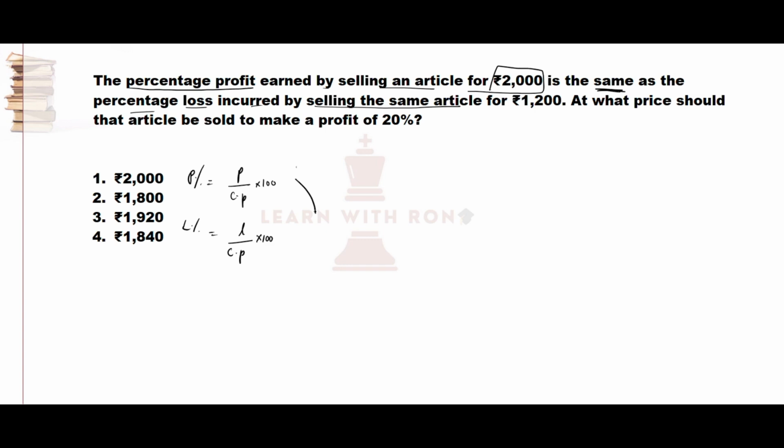So if we equate these two, profit by cost price by 100 equals loss by cost price by 100. Hundreds get cancelled, cost price gets cancelled, profit equals loss. Which means whenever they say in the question equate profit percentage and loss percentage, you can simply equate profit and loss. Okay.